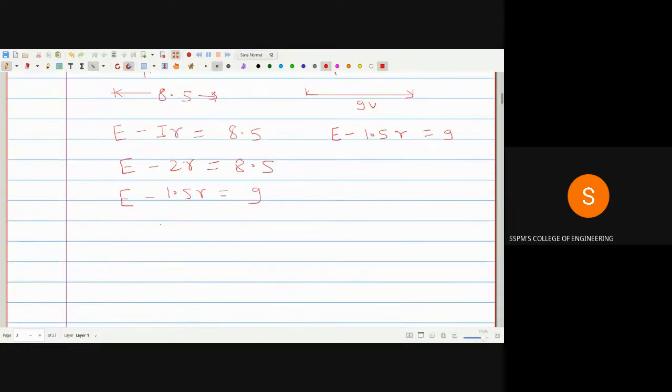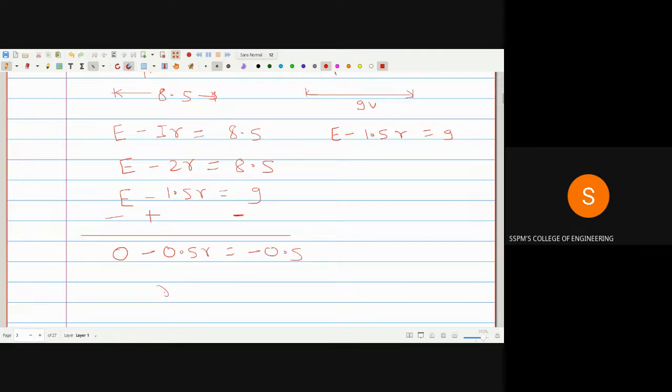आता इथे सायमल्टेनियस इक्वेशन मेथड यूज करायचं. Subtract equation number 2 from 1. चेंज द साइन. हा निगेटिव्ह होणार, हा पॉझिटिव्ह होणार आणि हा काय होणार, निगेटिव्ह होणार. इथे काय होणार बघा, E minus E is equal to 0. -2 plus 1.5 is minus 0.5 R. And plus 8.5 minus 9 gives minus 0.5.